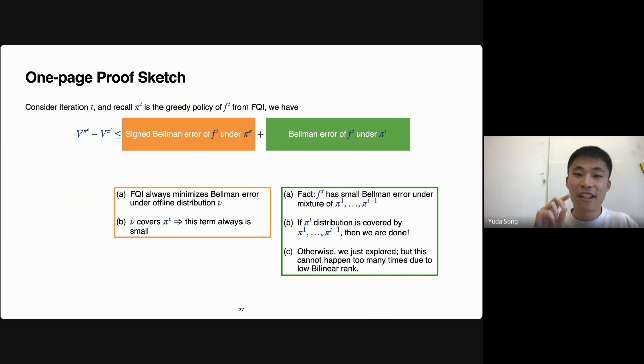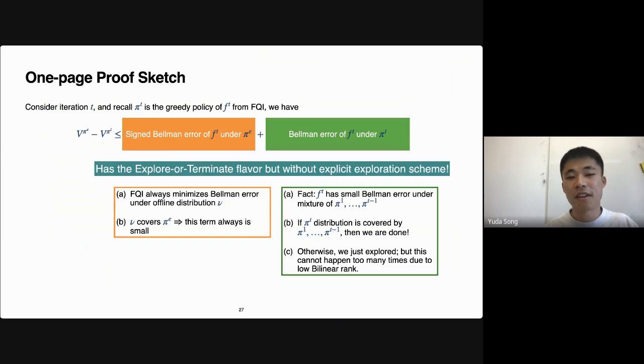One is if your current policy's distribution is already covered by the previous policies, then you're already done. Otherwise, just think of it as you explored. And thanks to the low bilinear rank structure, you cannot explore too many times. So without having explicit exploration, we already have this explore-or-terminate flavor in our analysis.